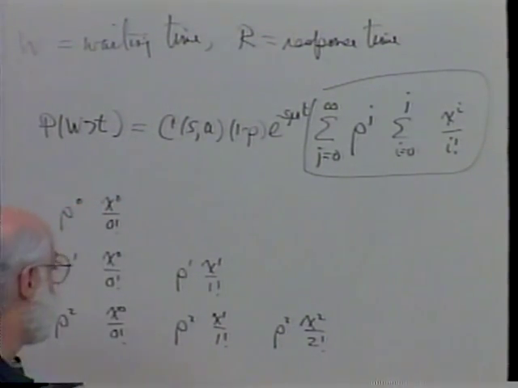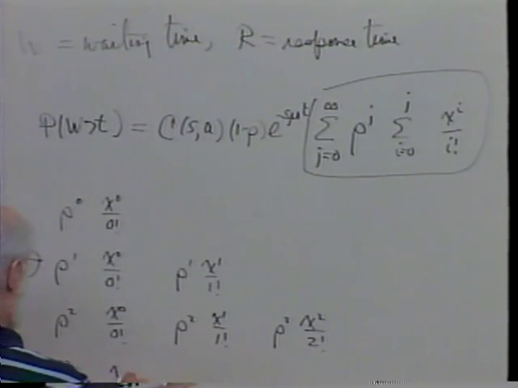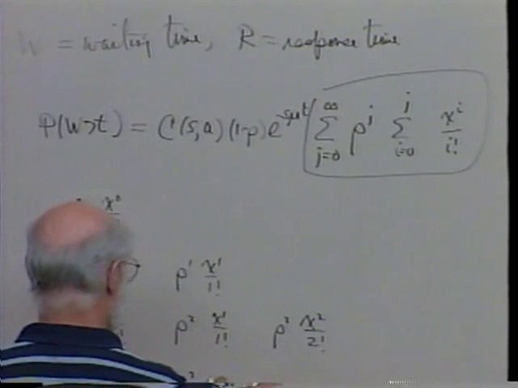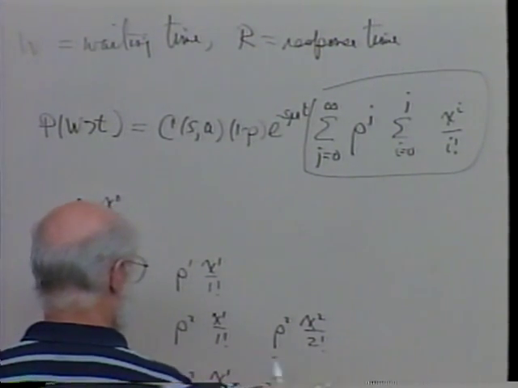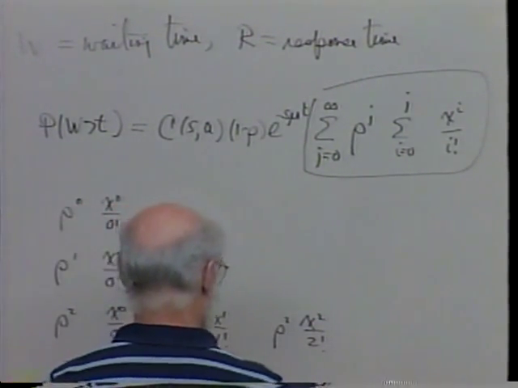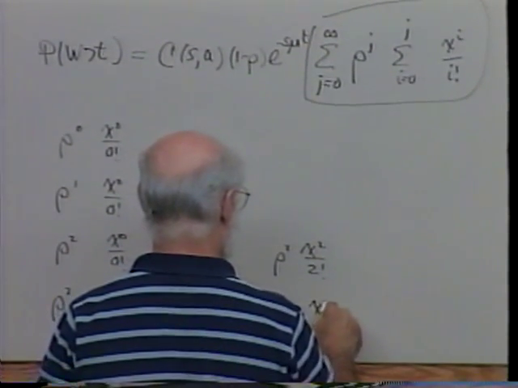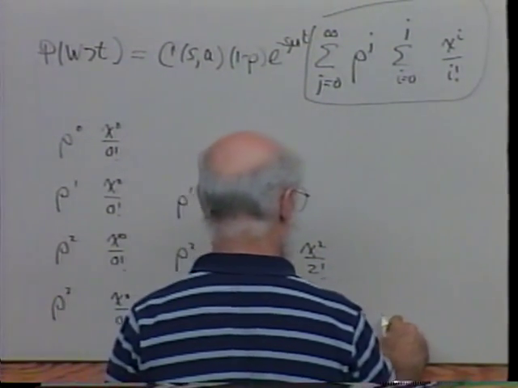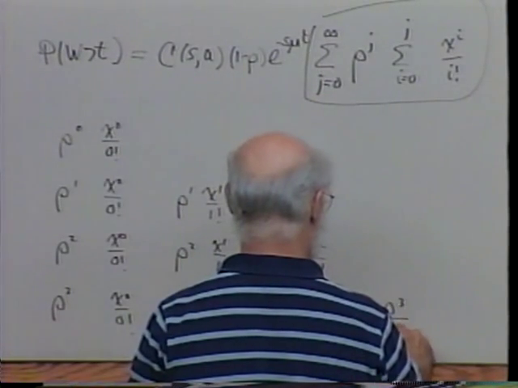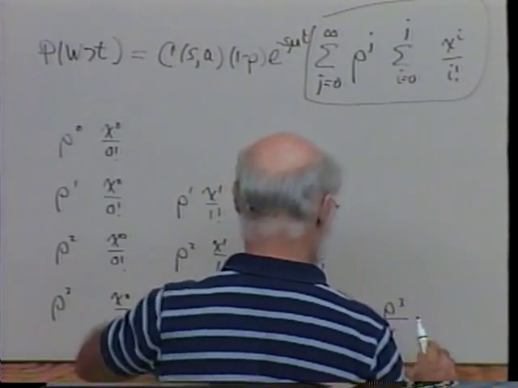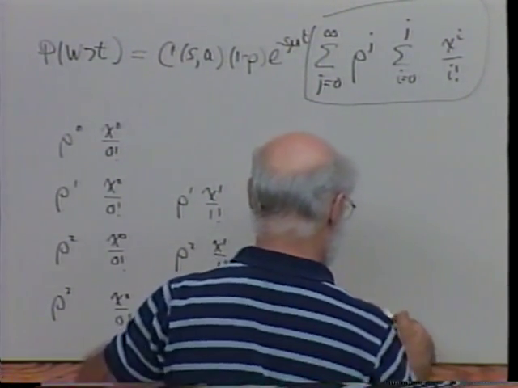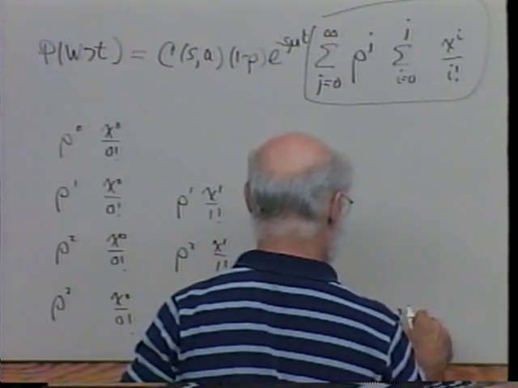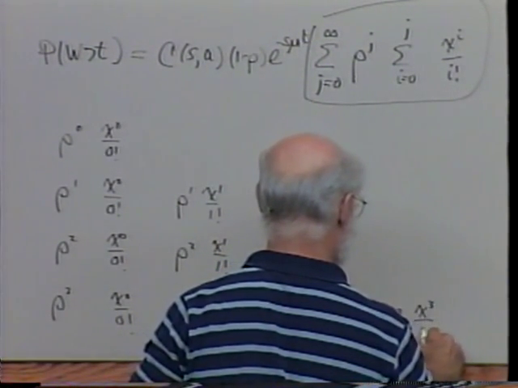I'll do one more row here: rho cubed x to the 0 over 0 factorial, rho cubed x to the 1 over 1 factorial, rho cubed x to the 2 over 2 factorial, rho cubed x to the 3 over 3 factorial.